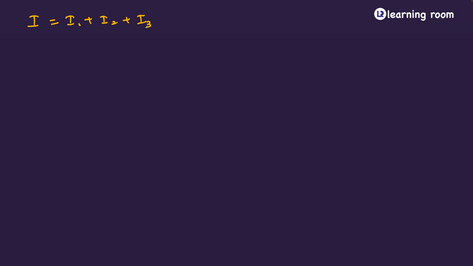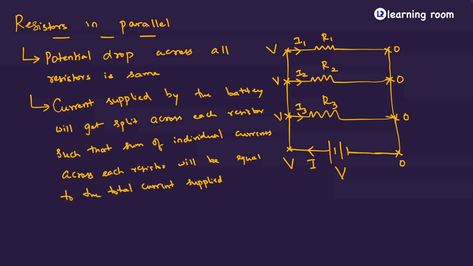Having written the equation I = I1 + I2 + I3, my job is to find the value of I1 in terms of the potential difference and the resistance, and similarly I2 and I3. I know the potential drop across R3. It is V minus 0, which is V only. So can I apply Ohm's law here? V is equal to I3 into R3, V is equal to I2 into R2, and V is equal to I1 into R1.